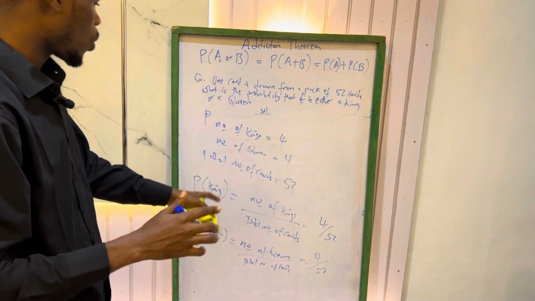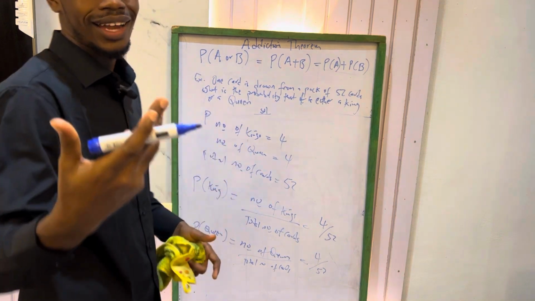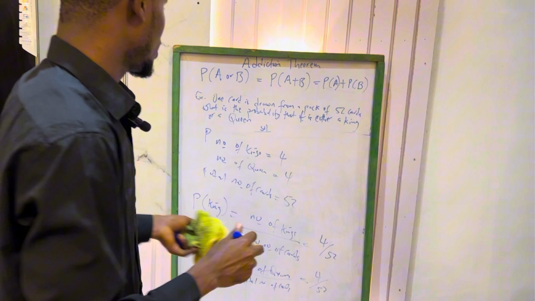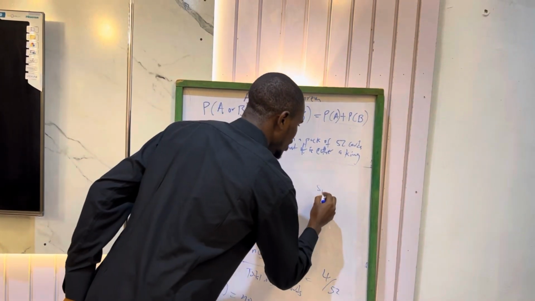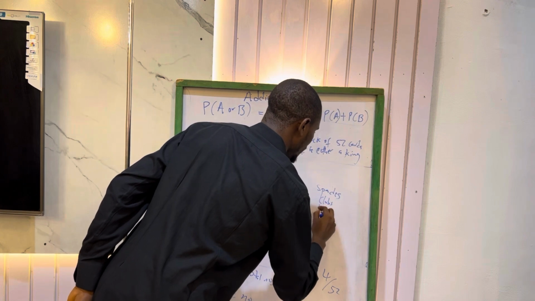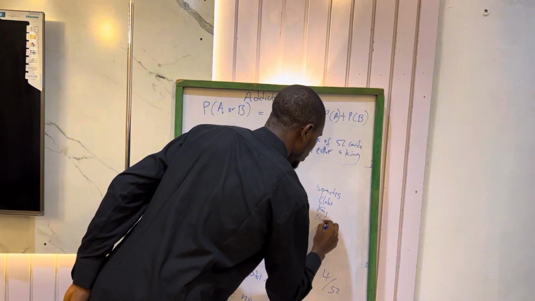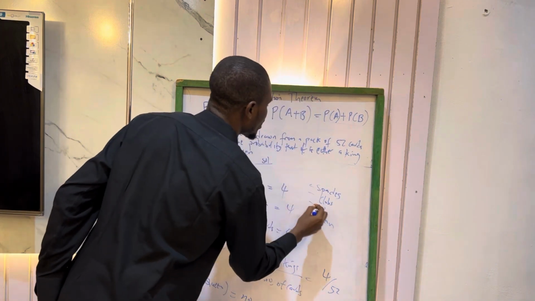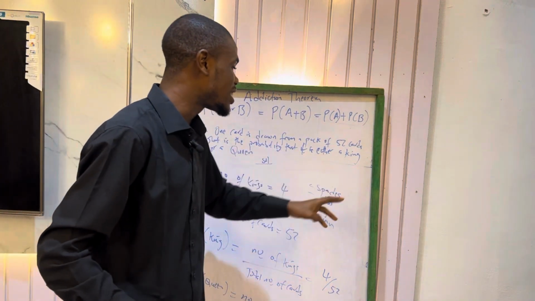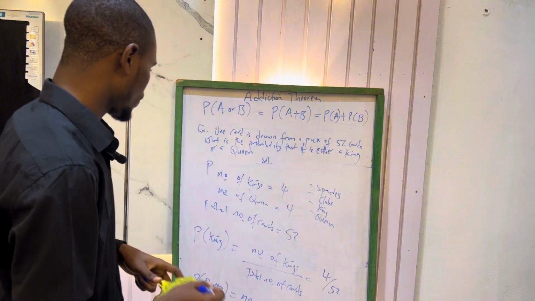We have 4 queens, we have 4 kings. So you need to study a pack of cards to know how many of each kind we have. We have spades, clubs, kings, queens, and many others. You need to know their numbers to be able to understand all this.